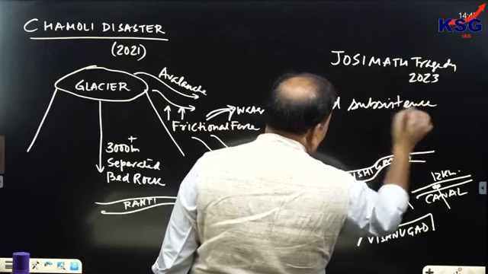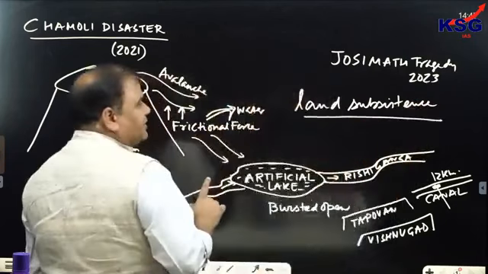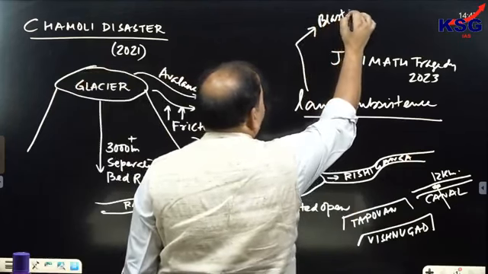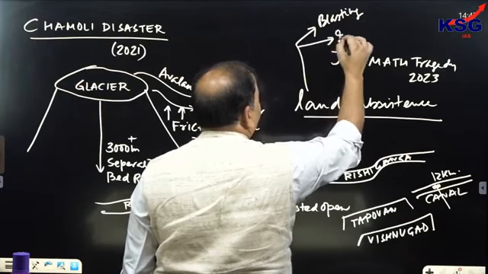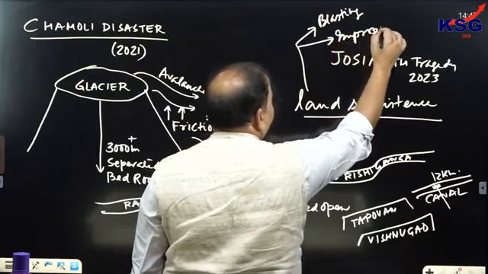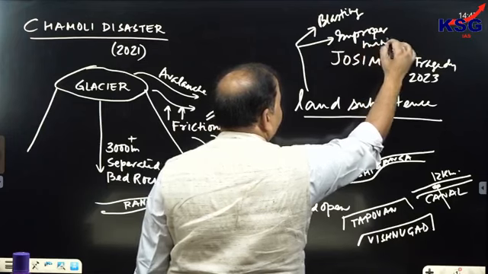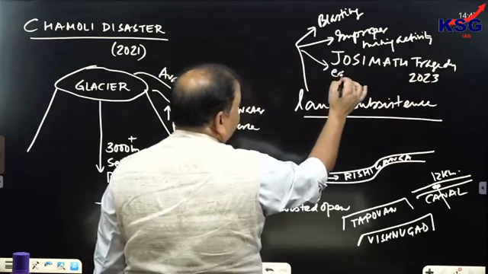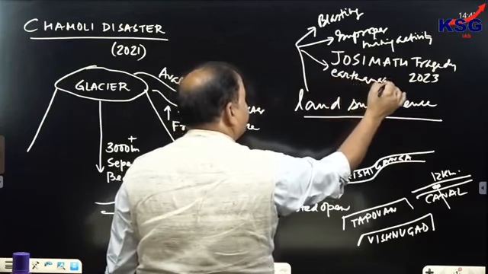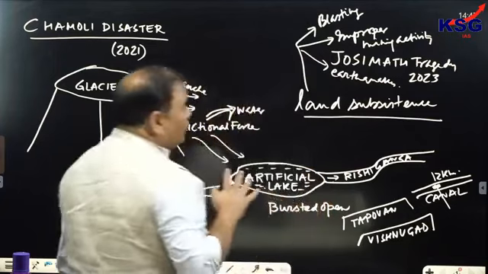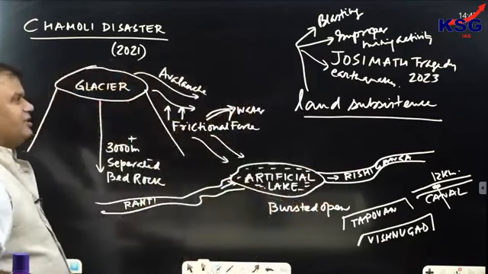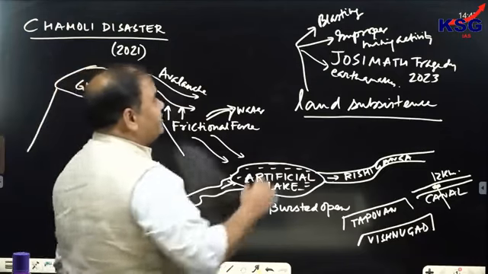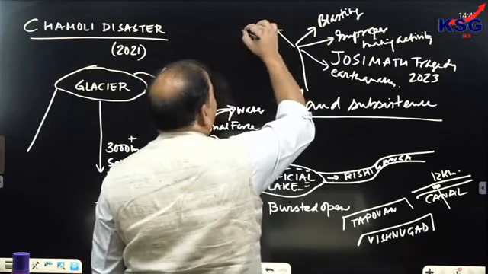And land subsidence can take place due to blasting, improper mining activity, earthquakes, environmental degradation.